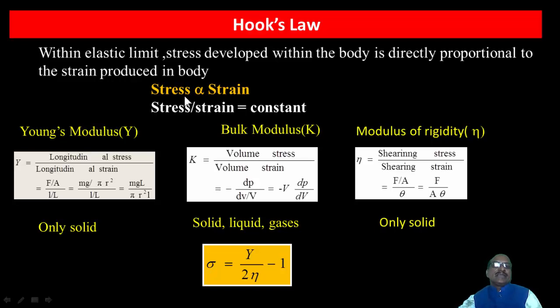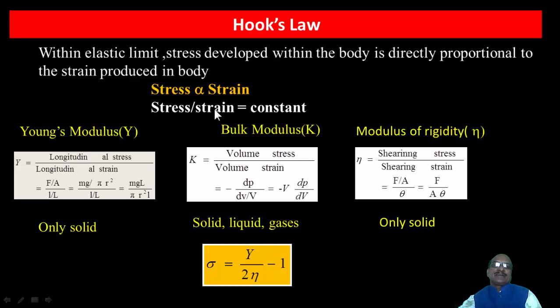Now, as we have seen, there are three types of changes observed in the material body. That is, there is a change in length of the material body, a change in the volume of the material body, and a change in the shape of the material body.